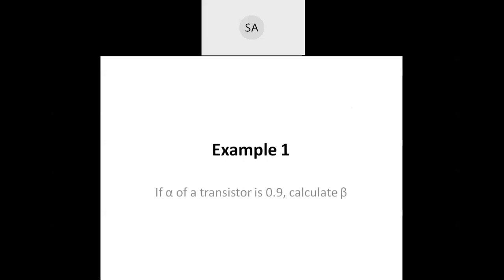Let us consider one example. If alpha of a transistor is 0.9, then calculate the beta. Here alpha is given, and we have the relation beta is equal to alpha by 1 minus alpha. So you can directly substitute the value of alpha in the equation.